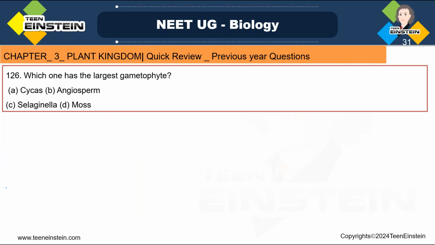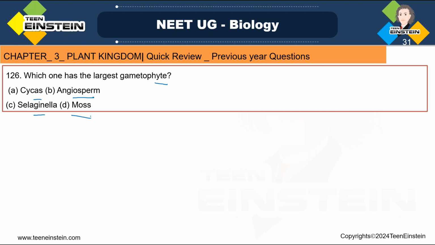Next question comes like, which one has the largest gametophyte? Option A, Cycas, option B, angiosperm, option C, Selaginella, option D, moss. Which is the right answer in this?